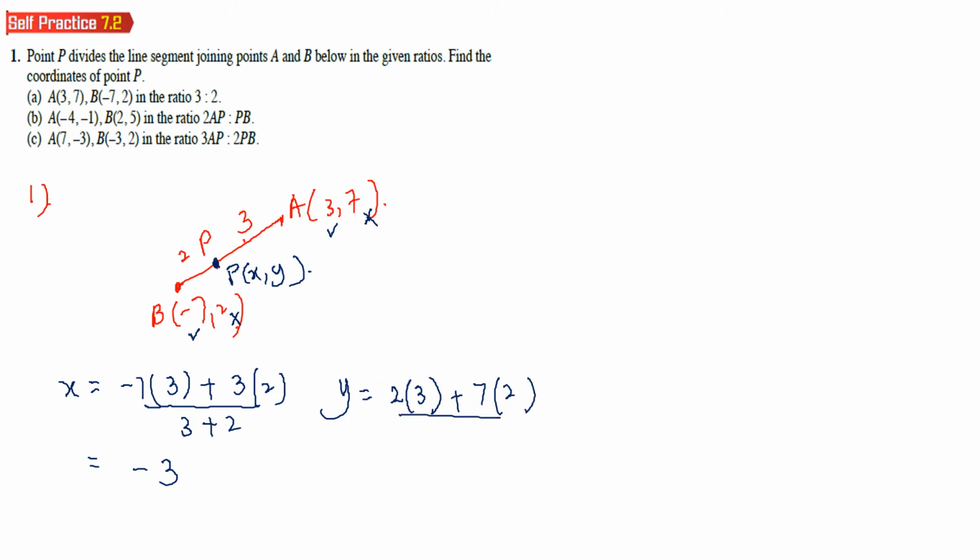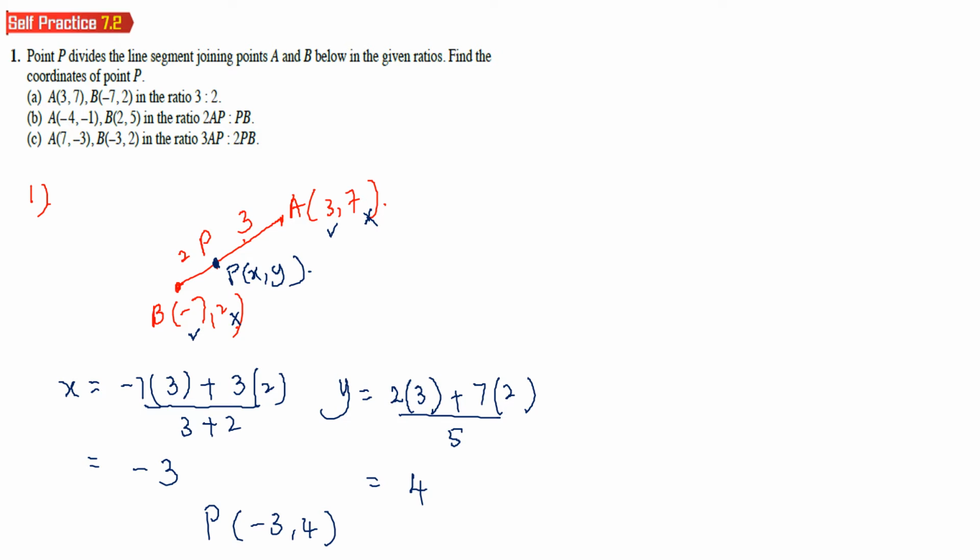So divide by 5, because 3 plus 2 is 5. So the answer will be 20 over 5, which is 4. So the coordinate of P will be negative 3, 4.